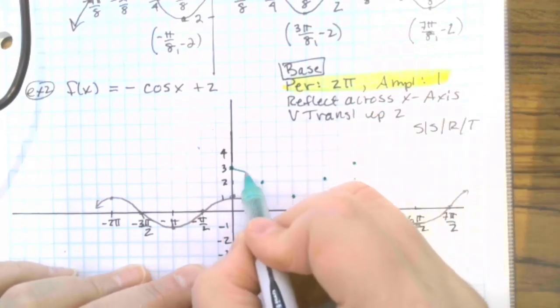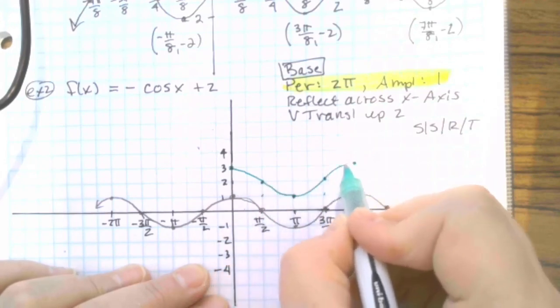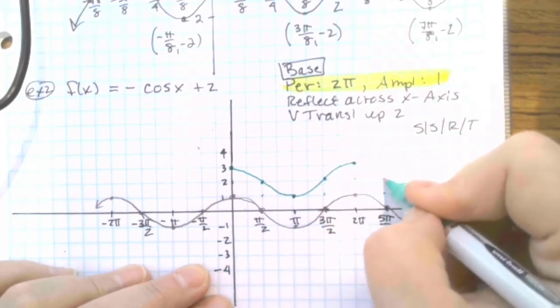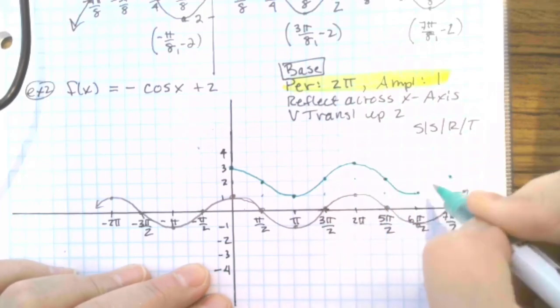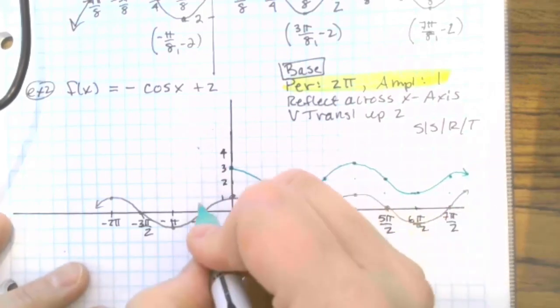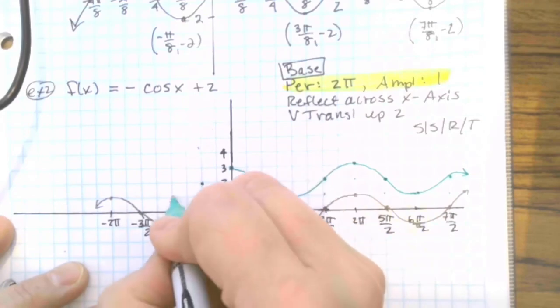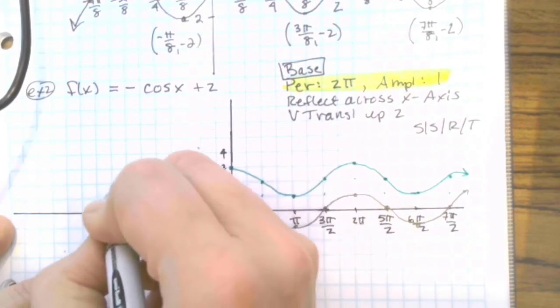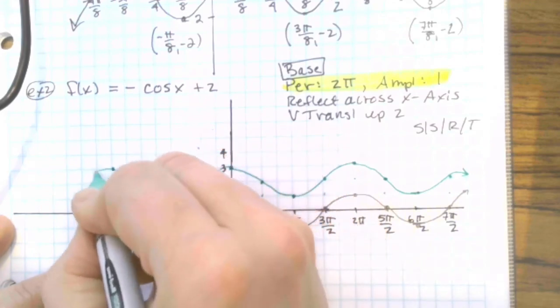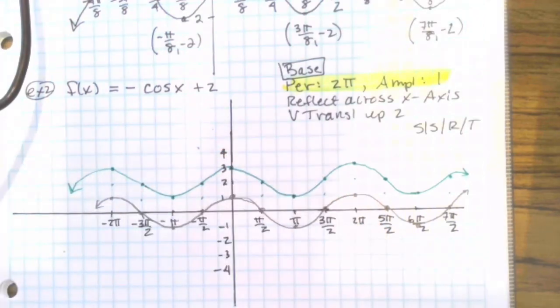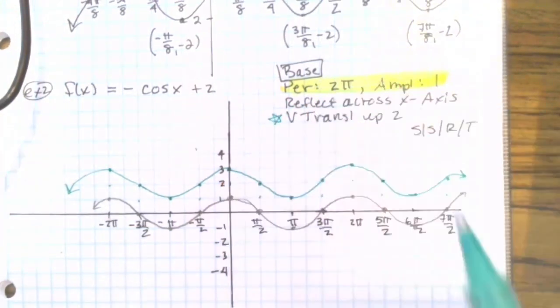So there's our first one. 1, 2, 1, 2, 1, 2. There's our second one. Now back here, 1, 2, 1, 2, 1, 2. So I've done my translation. I've translated up 2. So that's your green line.